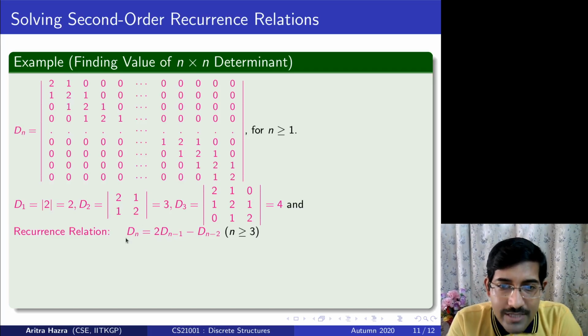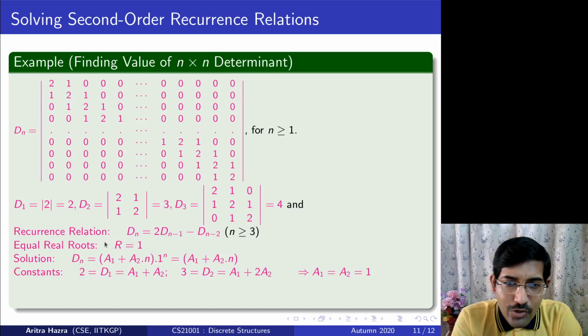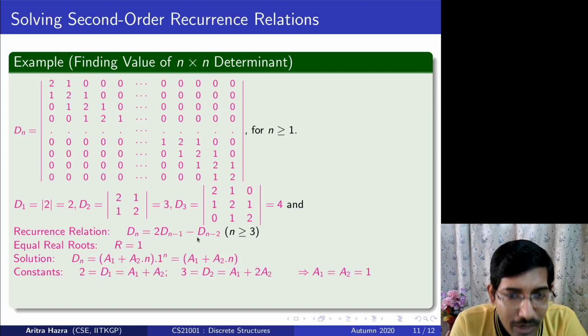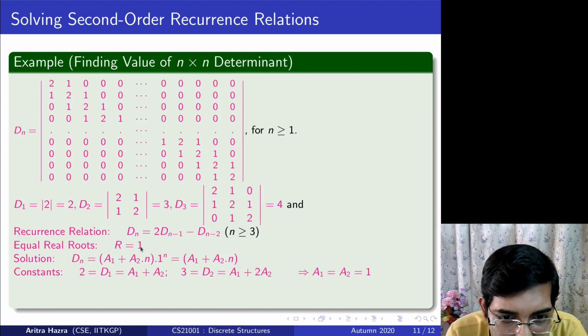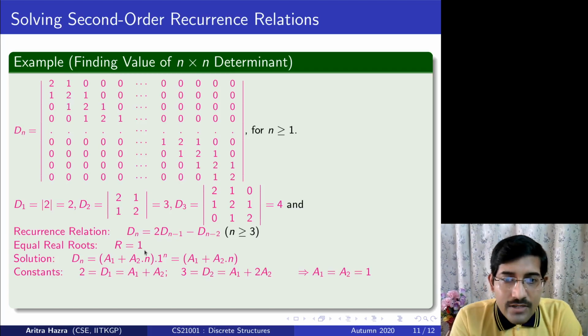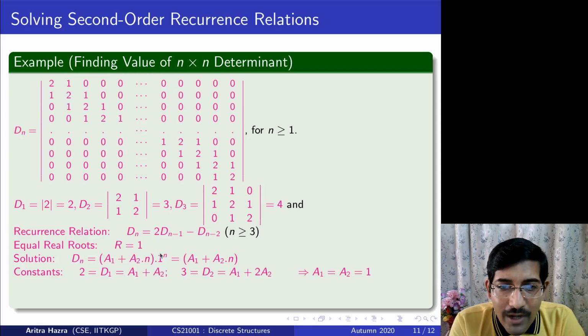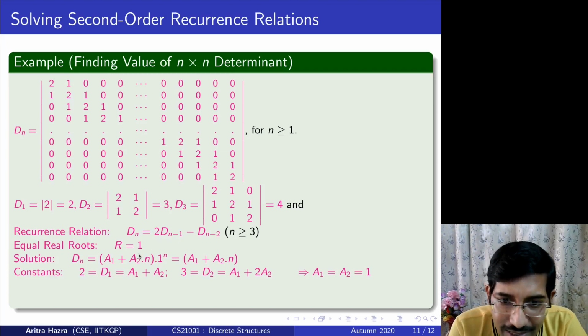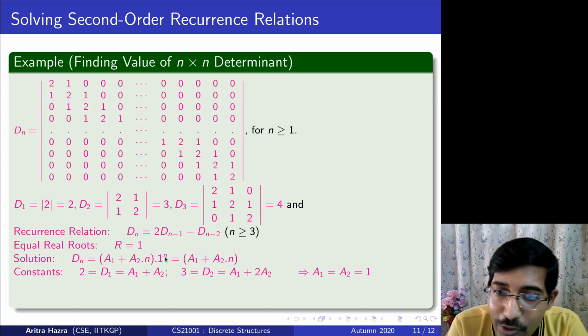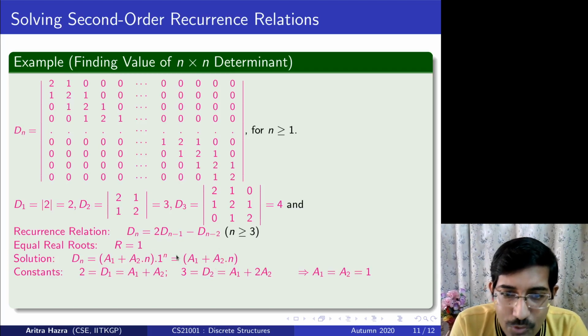So x square minus 2x plus 1 equal to 0 gives x minus 1 whole square equal to 0. That means 2 equal roots, both are 1. Since both are 1, I have to take one as a1 1 to the power n as a solution and the second as a2 n 1 to the power n as a solution. So this is the final solution, and with D1 equal to 2 and D2 equal to 3, I just get both constants as 1.